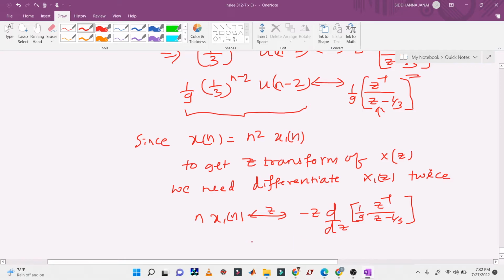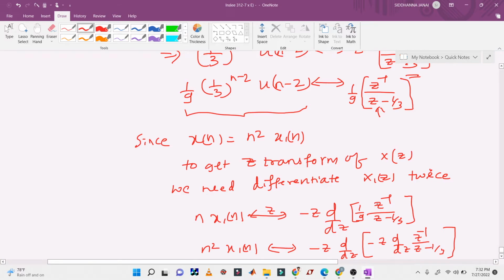Now whatever answer you get, again n square x1 of n is minus z d by dz of this, minus z d by dz of z inverse z minus 1 by 3.